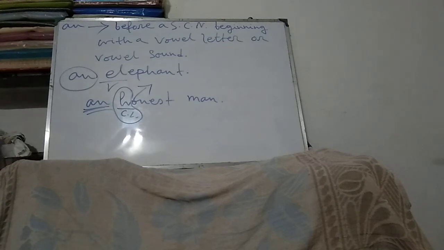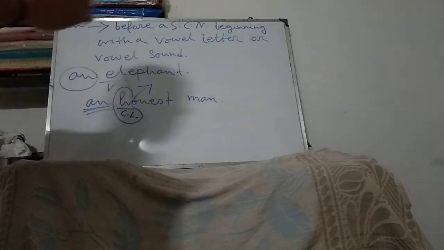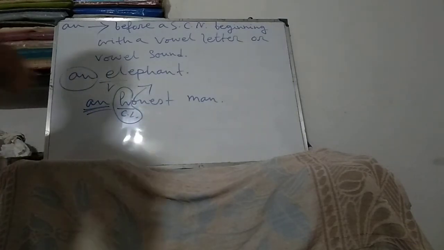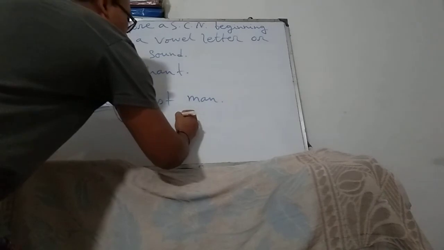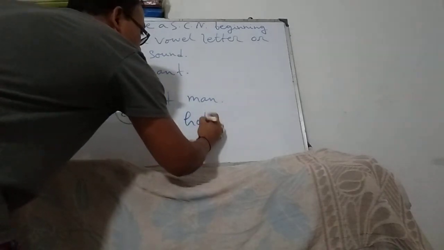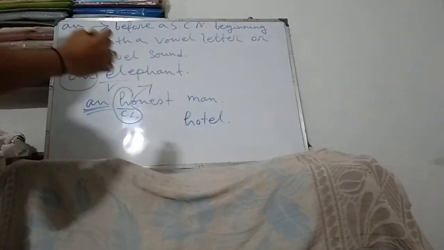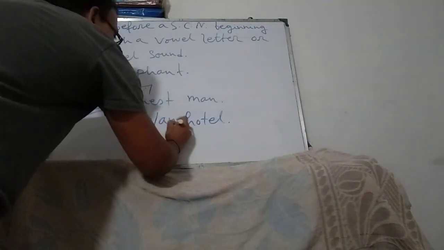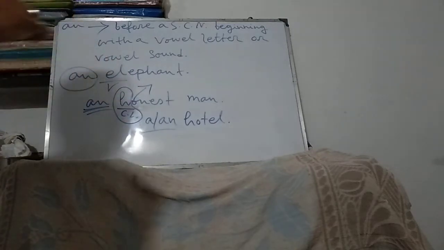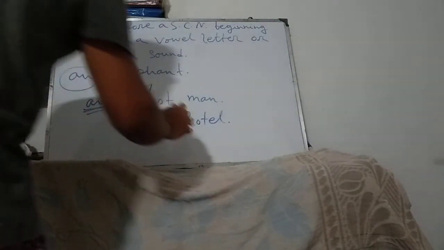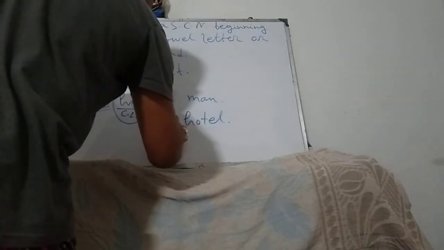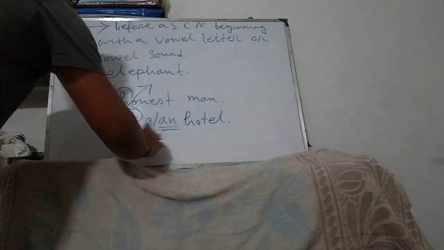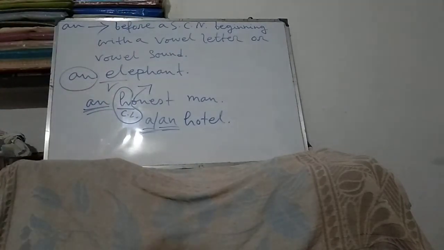Similarly, an honorable person, same case. And also hotel. This word you should know: we can use a or an both before hotel, because sometimes we can pronounce the H. That's why an is right, and a is also right, because here H is sometimes pronounced.